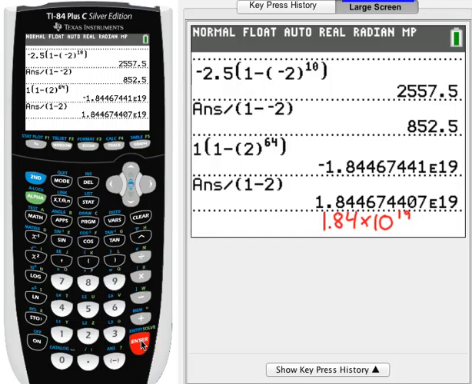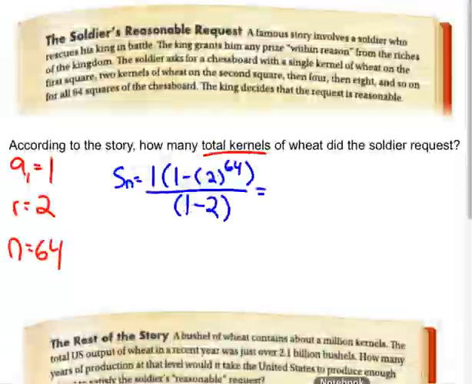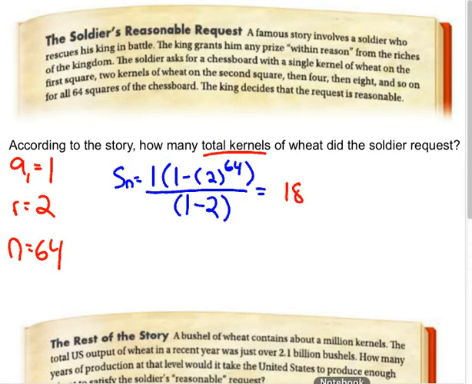That's how many pieces of corn he was asking for. So 1.84 times 10 to the 19th power kernels. An insane amount. That's a huge amount of corn.